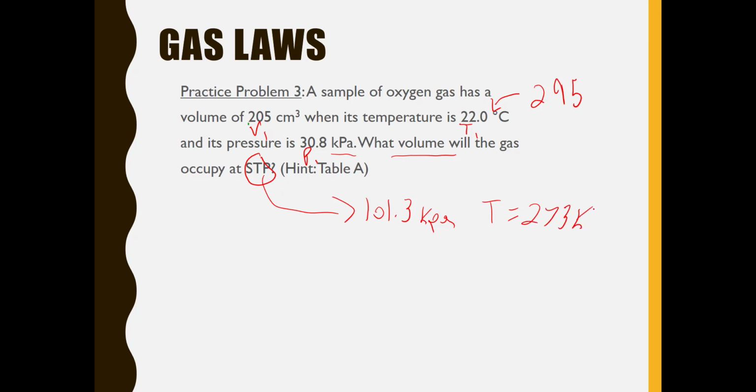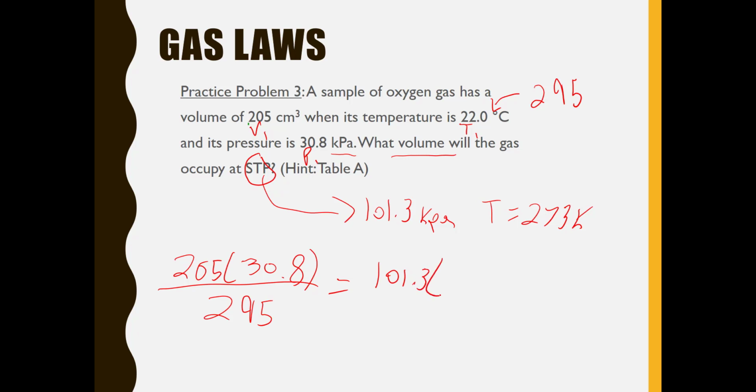So now that we have all our units the same, we know that we're going to have 205 times our pressure, which is 30.8, over our temperature, which is 295, equals our STP of 101.3 multiplied by X over 273.